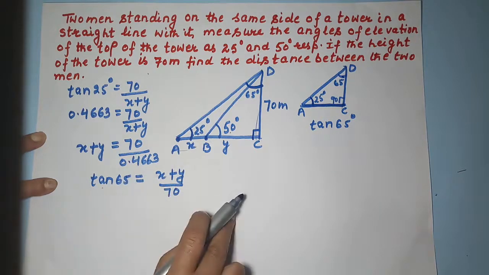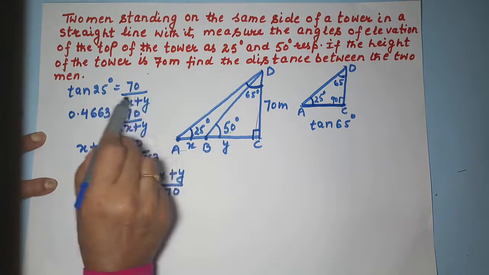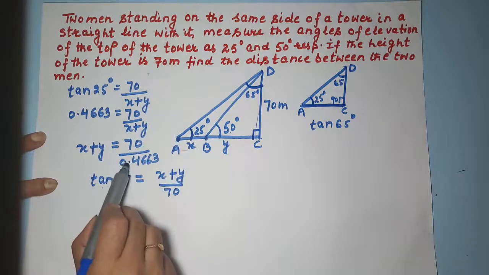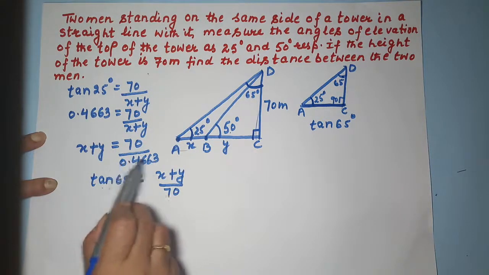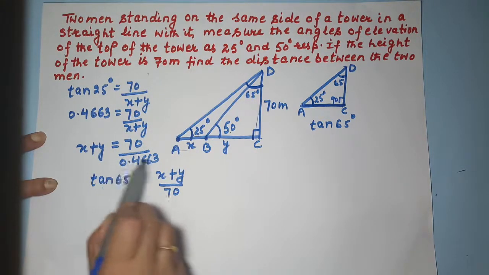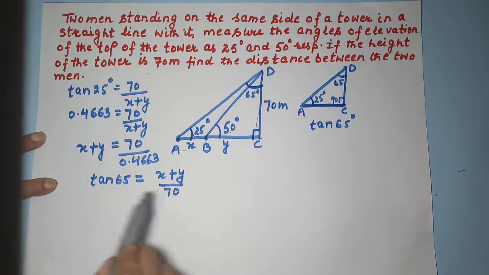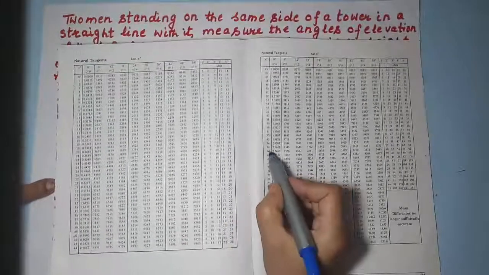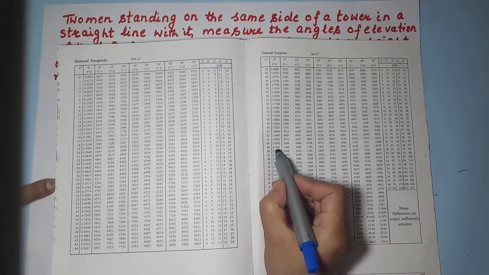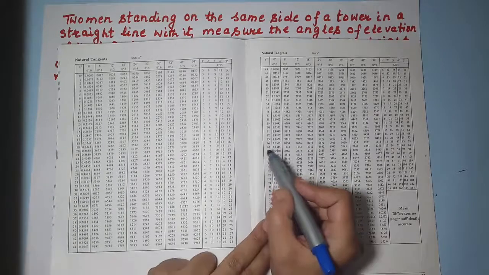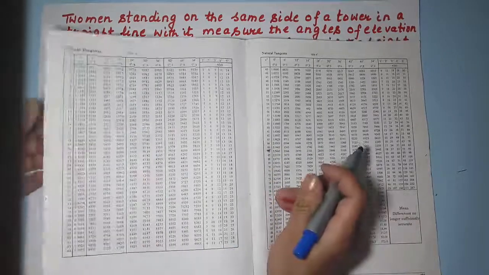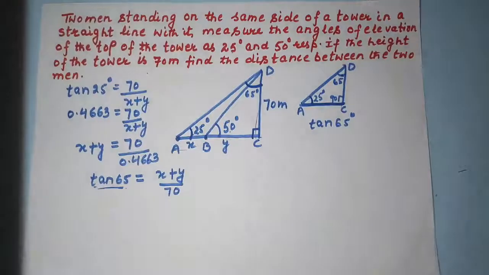Now, how will this help me? Why can't it do this way? This way I got the decimal number in the division, which is difficult to solve. Here, when I get the value of tan 65, let me find it from the book. What is it? 2.1445. Value of tan 65 is 2.1445.